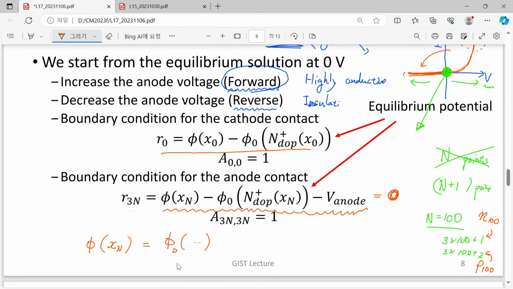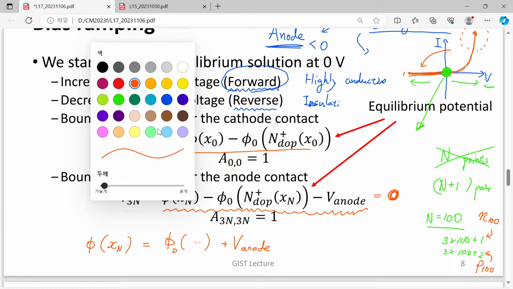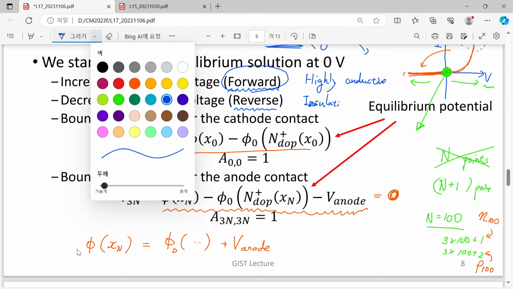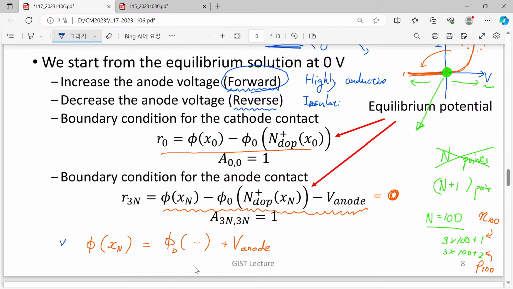That is quite understandable. So simply speaking, that is amazingly simple. Our new boundary condition is nothing but this: when you apply the anode voltage, your electrostatic potential increases exactly by the amount of the applied voltage.